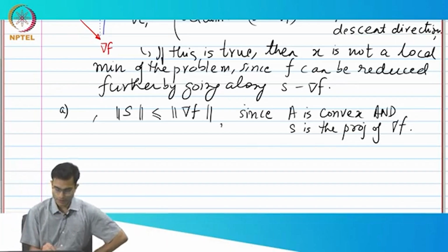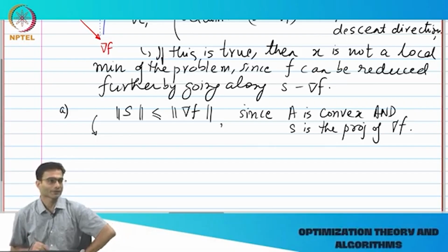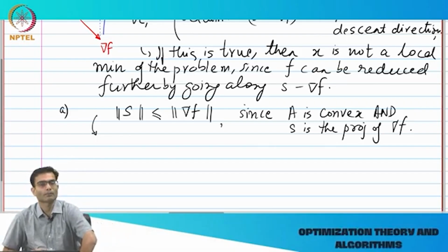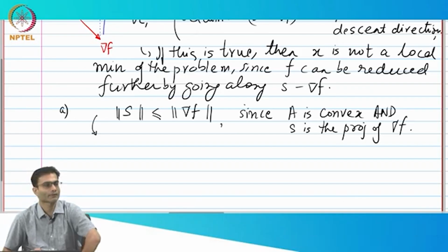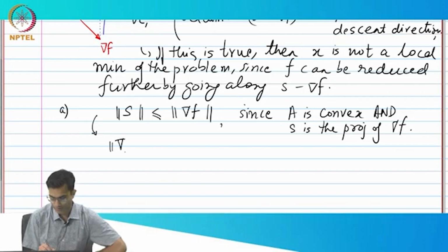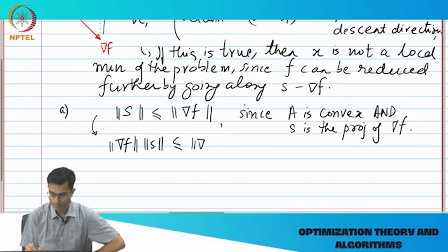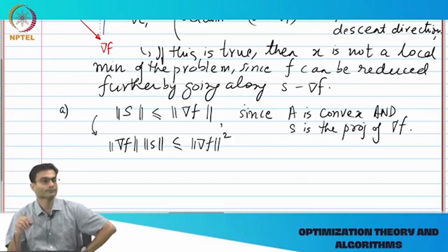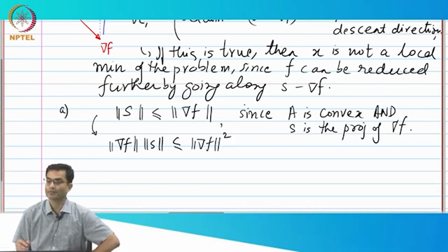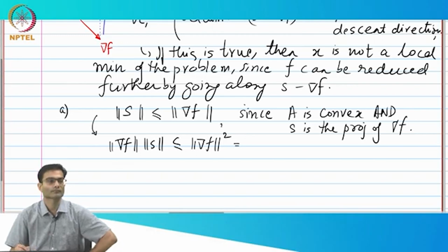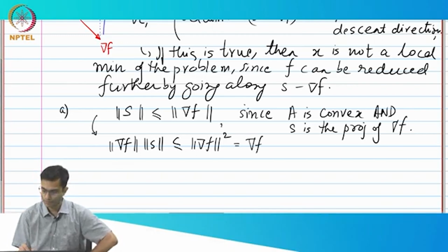So from here I can do a little bit of tricks. If I multiply norm grad f on both sides, it's a positive number, so the inequality will stay as it is. So I can also write this as norm grad f times norm S is less than or equal to norm grad f squared. Grad f squared is also what? Grad f transpose grad f.